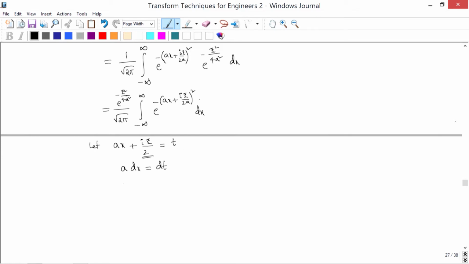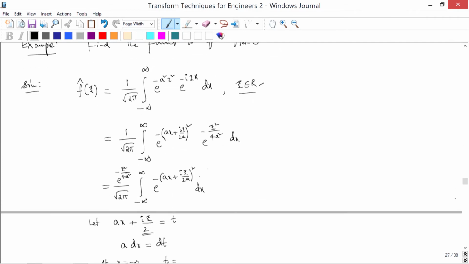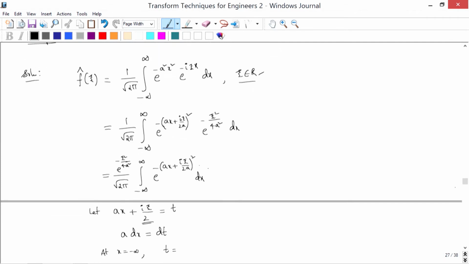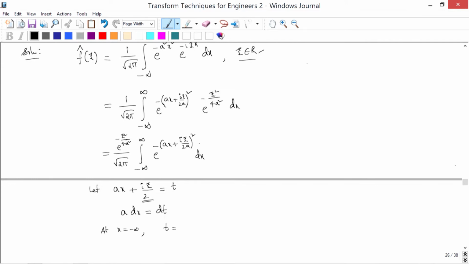The limits: at x equal to minus infinity, what happens to t? t is a into x, which is minus infinity. Let us assume that a is positive, okay. It does not matter, because if a is negative, at x equal to minus infinity it is going to be plus infinity.